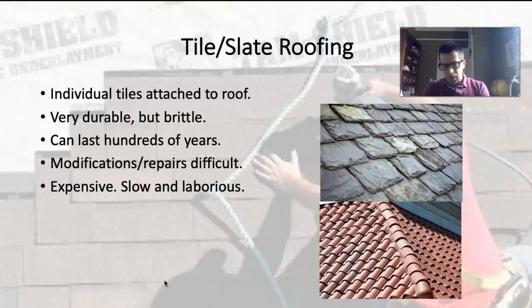But the stories I've heard, and I will just say that we don't see a lot of slate roofs around here. I think on the East Coast they're more popular. The people that I've worked with that have done these slate tear-offs said that it was a 300-400-year-old roof that they had to tear off, and it was very dangerous.